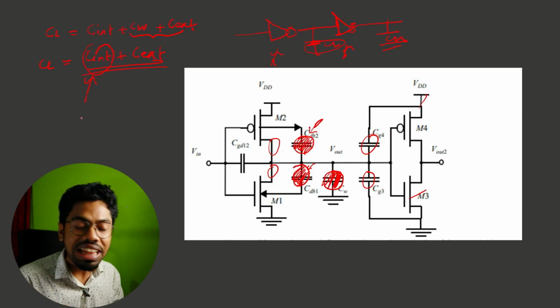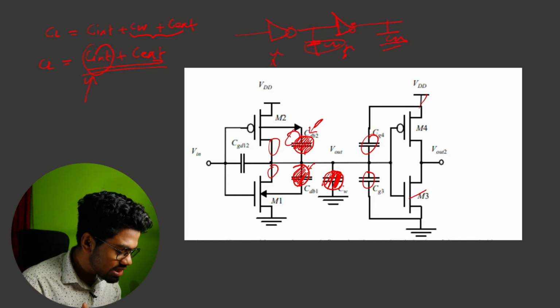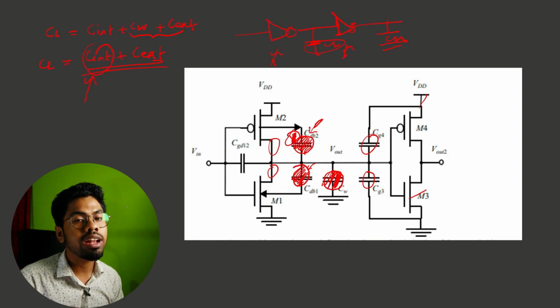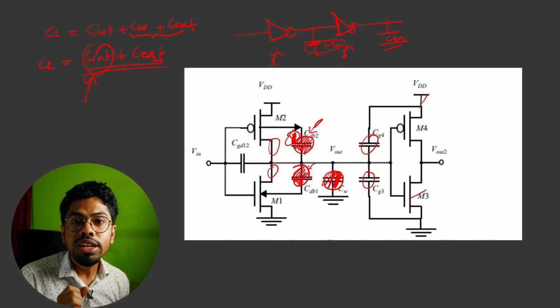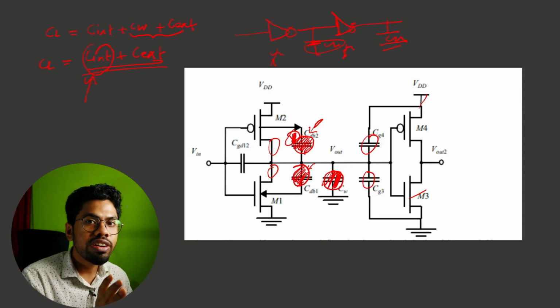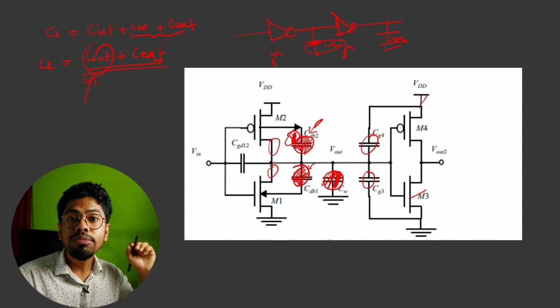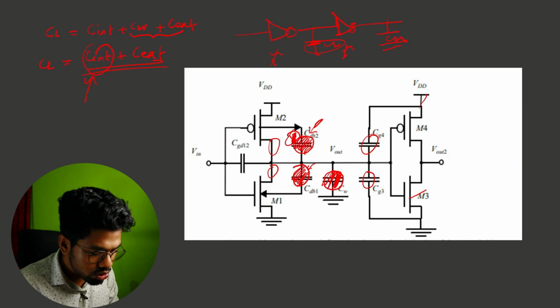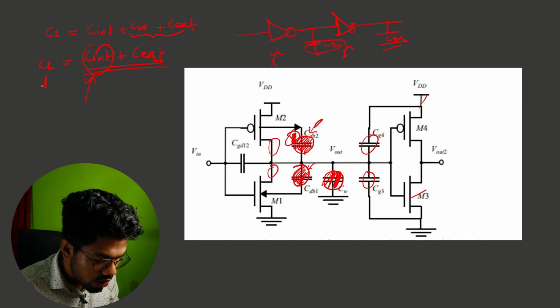And C internal is due to the capacitance coming from the diffusion in your inverter number 1. So whenever we design or draw the layout of our inverter, we keep the minimum possible diffusion area on the drain side, so that we can reduce our CL.